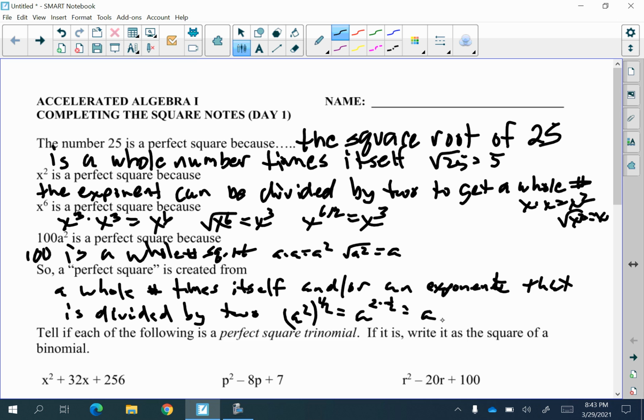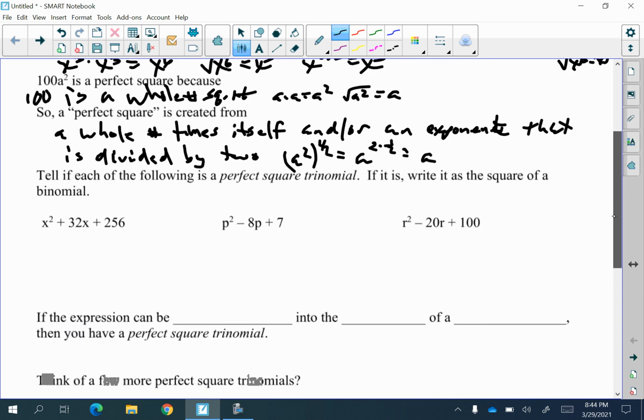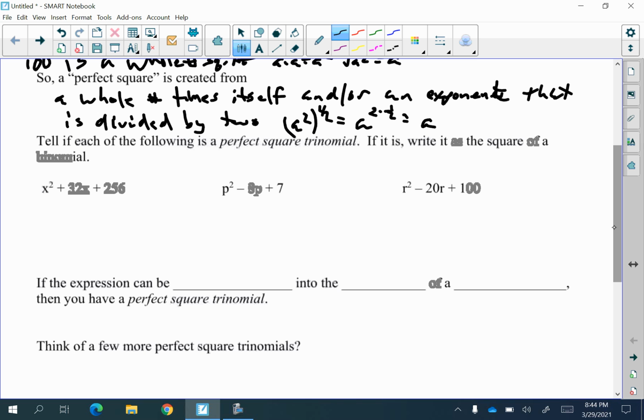All right, so let's take a look at these and see if they are perfect square trinomials. Well, think of the factors of 256. There's quite a few of them because 256 is a pretty big number.